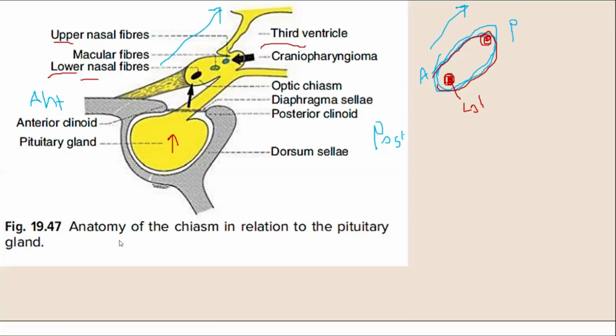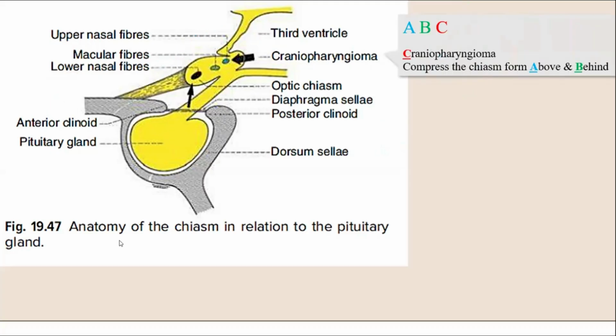And we have an important tumor here called craniopharyngioma, which first compresses these fibers. This is one of the childhood tumors. It may result in bitemporal hemianopia, but affecting first the inferior temporal visual field. Why affecting the inferior temporal visual fields? Because it compresses the upper nasal fibers.